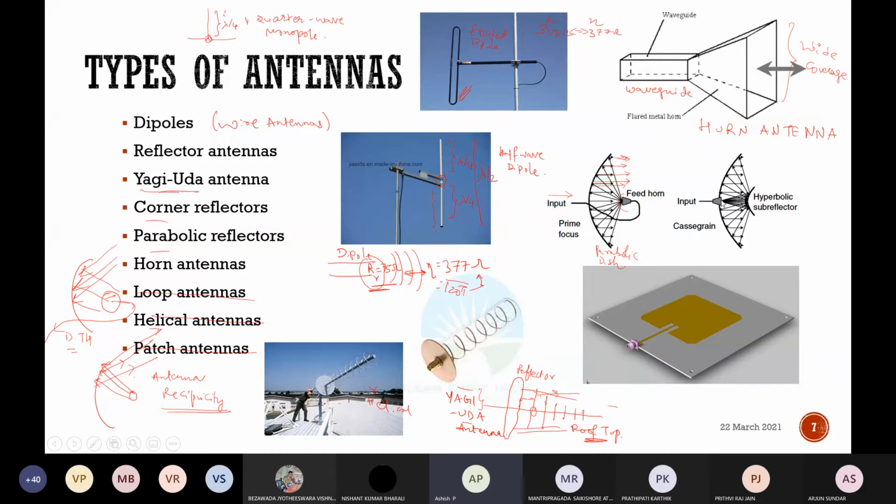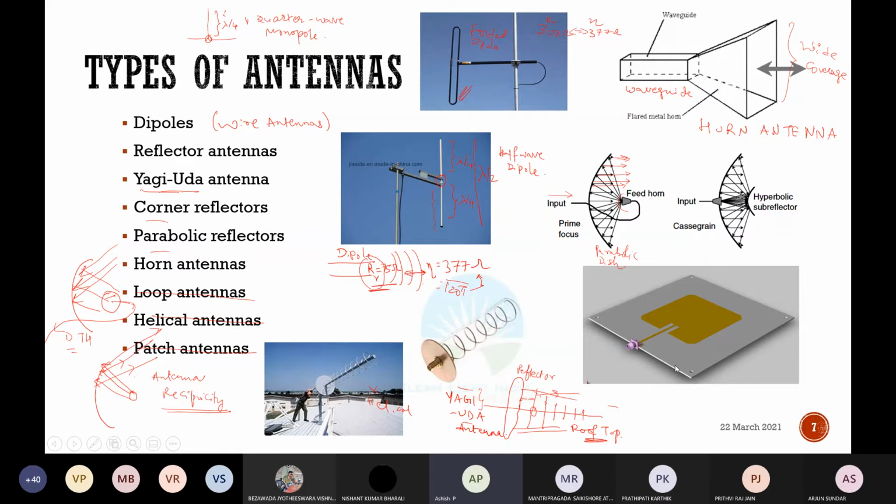So they move this horn to this side, and here they put a hyperbolic sub-reflector. Whenever the signals from this horn fall on the hyperbolic sub-reflector, they get reflected again to the major parabolic dish, and then they are sent out into free space.